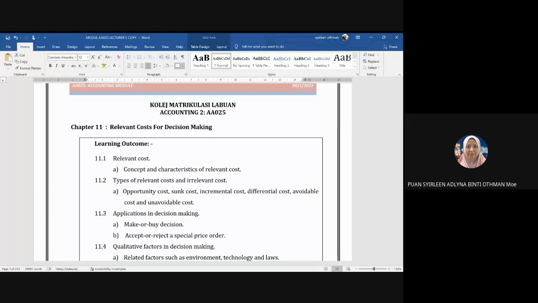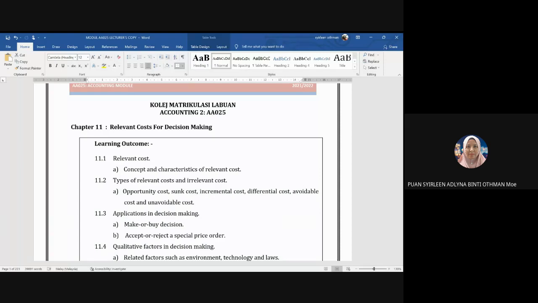So itu adalah pilihan jawapan. Sebab what we are doing in topic 11 is actually kita buat analysis dan kita buat keputusan, right? So we call it alternative, pilihan cara bagaimana awak nak buat awak punya production. Alright, okay.